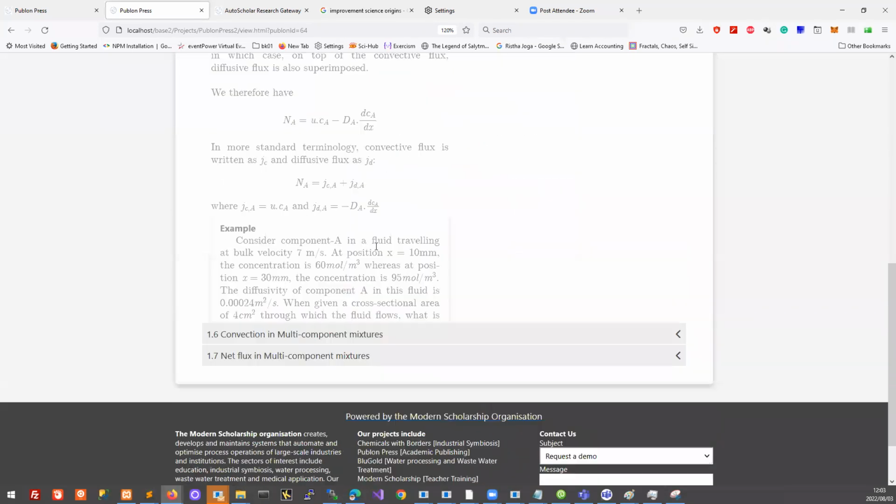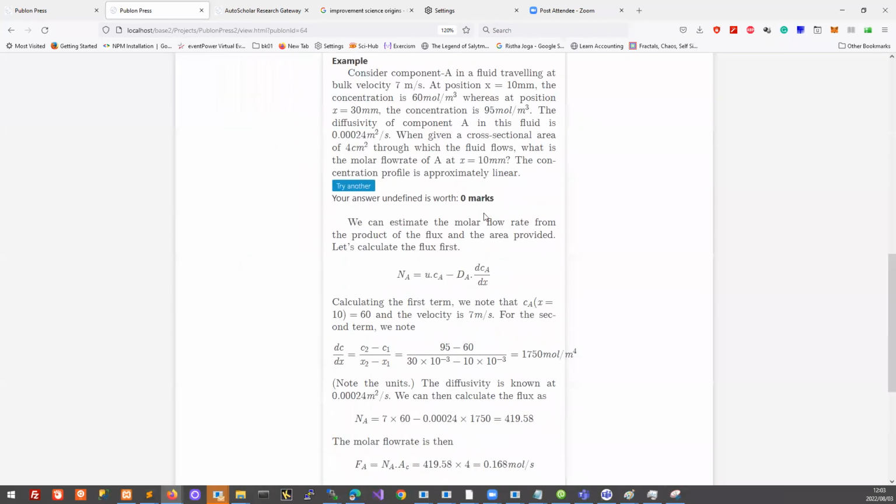Right, then in the next one, we are given that the fluid, so A, is traveling at a certain velocity, and at one position we know the concentration, and then at another position, which is further along, right? This first one was at 10 millimeters, this is at 30 millimeters. Then we have a different concentration, a higher concentration.